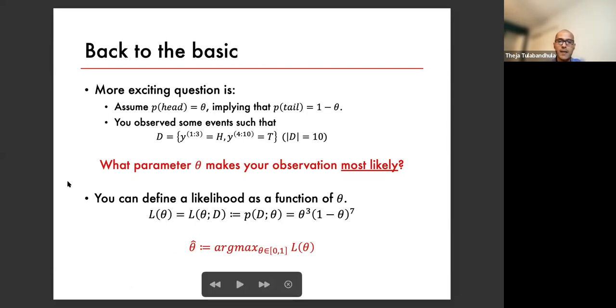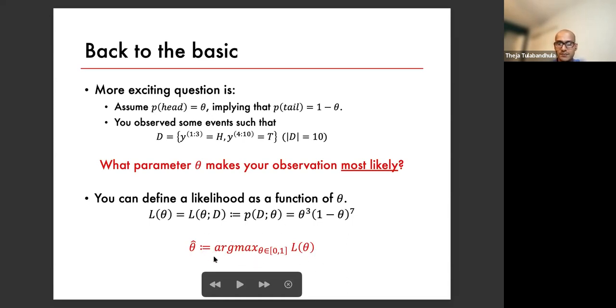In short form, it's written the way we've been looking at it for the linear situation, which is arg max instead of arg min, because we want to find the theta that maximizes the function L of theta. But theta also has to be between 0 and 1. This restriction was not there before when we were writing the argmin cases that we saw. So this is a likelihood maximization problem.